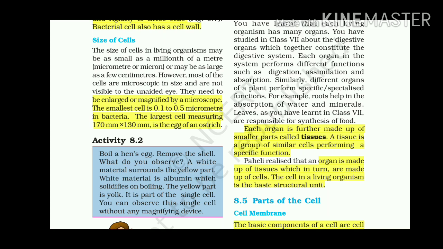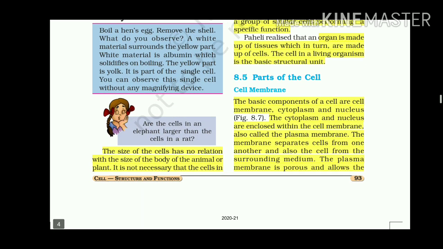Each organ is further made up of smaller parts called tissues. A tissue is a group of similar cells performing a specific function. Paheli realized that an organ is made of tissues, which in turn are made of cells. The cell in a living organism is the basic structural unit. Parts of cell. The basic components of a cell are membrane, cytoplasm and nucleus.